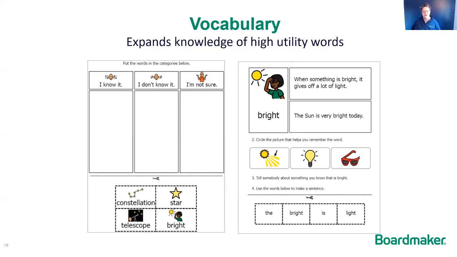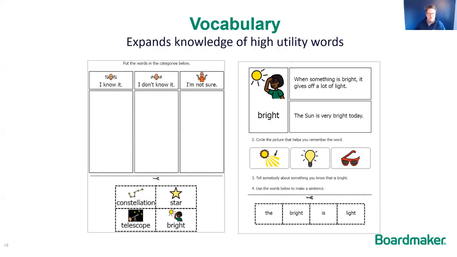We want them to help us identify words that they already know, words that they don't know, or words that they're a bit unsure about. As an instructor, this also helps us look at a baseline for where they're at. If they've put a lot of words under I don't know, I think this is vocabulary that might be a little bit more tricky for them.